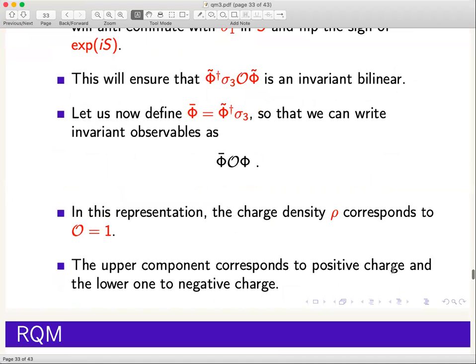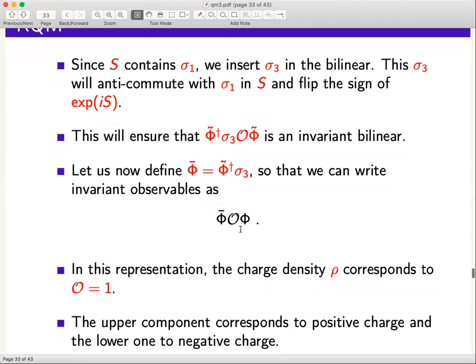This is an interesting representation because it comes very close to the kind of quantities that you would write down in the Schrodinger equation. One interesting aspect is that if you look for charge density, then charge density in this representation would correspond to O being just 1, and therefore the charge density is just phi bar phi. That comes pretty close to writing psi star psi in the case of the Schrodinger equation.